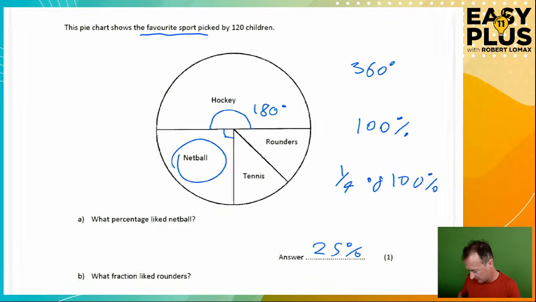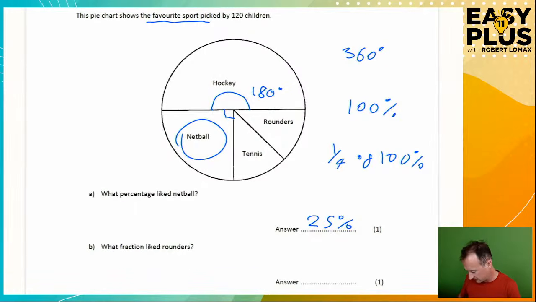What fraction liked rounders? Well, looking at this, I'm going to tell you that I've measured this and this already, and they are indeed 45 degrees. In an exam, again, as I mentioned, you should get your protractor out and check that those angles really are 45 degrees, so half of a right angle as they appear to be.